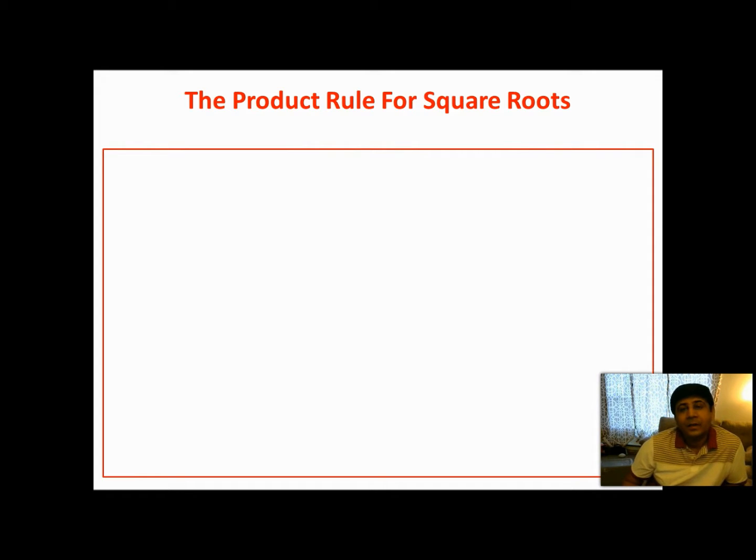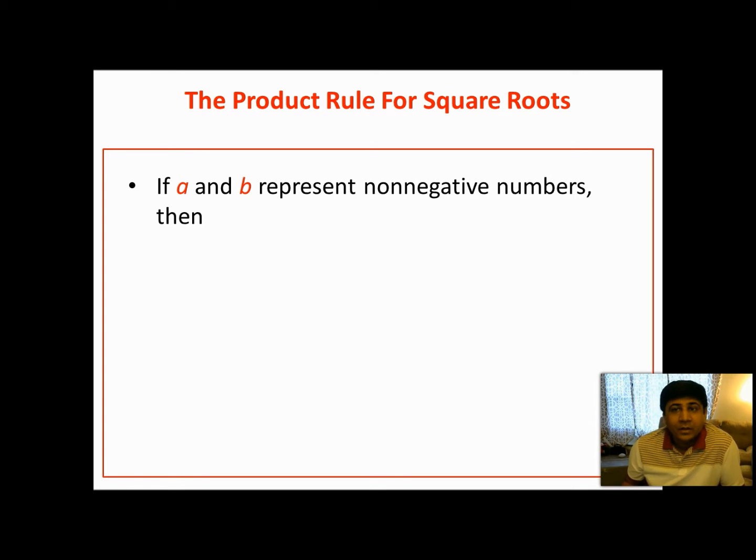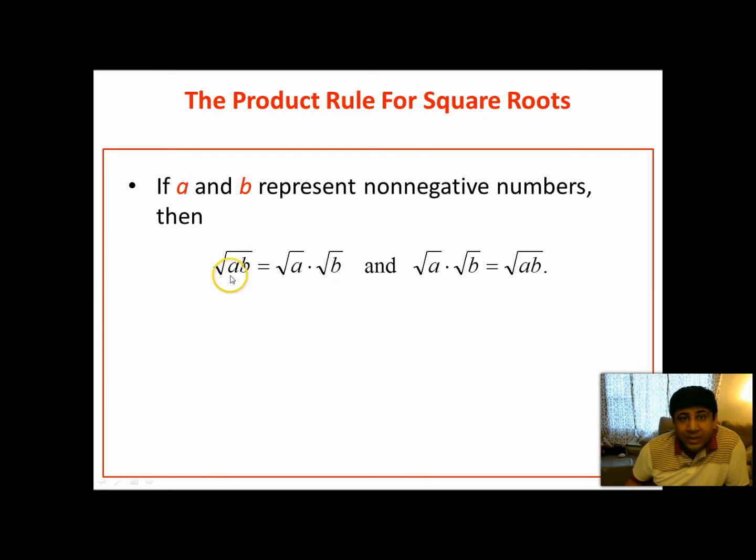Now let's talk about the product rule of square roots. Now we are getting into how to simplify square roots, the quantities involving square roots. Suppose you have two numbers, a and b, that represent non-negative numbers. Remember that nothing negative can go into the square root. That's why I have this condition of non-negative, which means it can be 0 or more. Then the square root of a times b is the same as the square root of a times the square root of b.